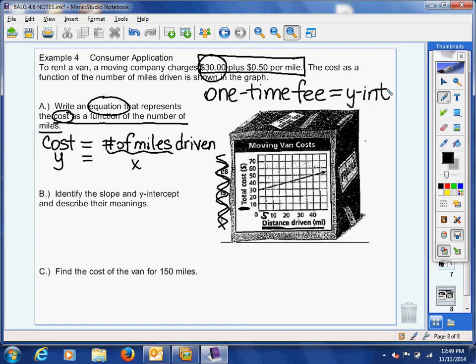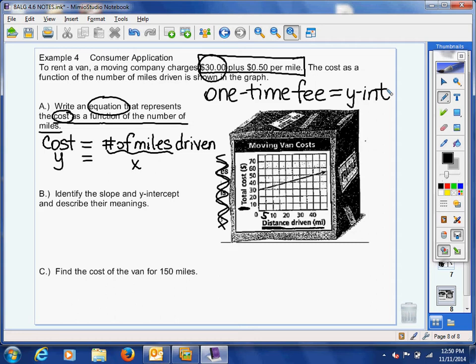Even if you walk into the rental place and say, I want to rent a van, they're going to say, that will be $30 right off the top. Before you even get in the van, before you drive the first mile, you have to pay $30. So that's your flat rate, one-time fee.